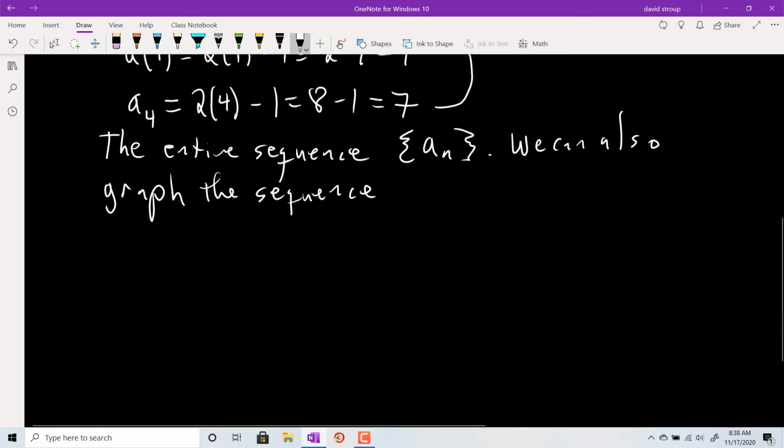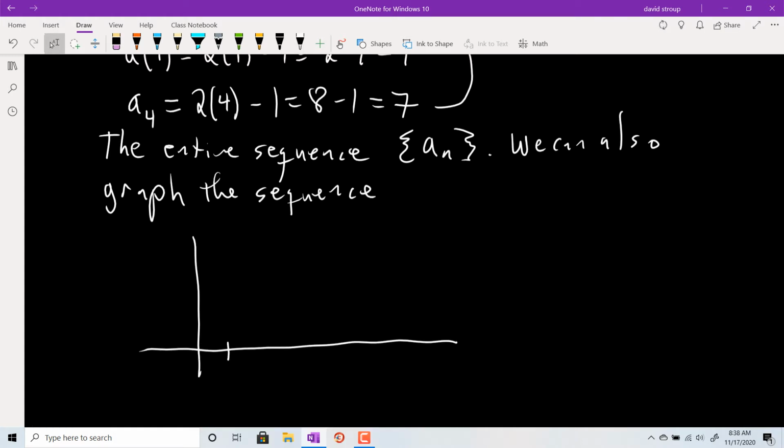So, for instance, in our case, a sub 1 is 1, so you just put a dot there. At 2, a sub 2 is 3, so I just put a dot there. A sub 3 is 5. So this is a sub n.